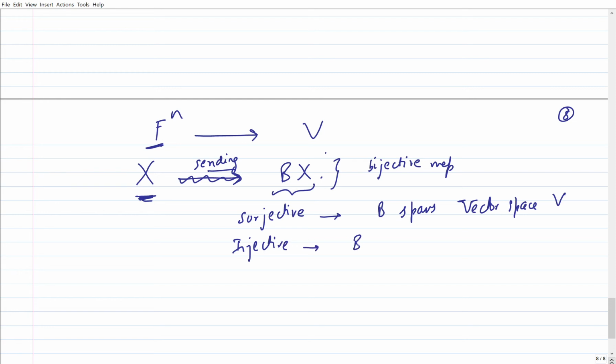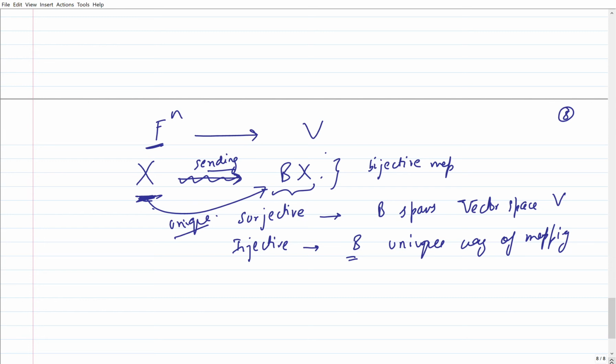That's because B, the basis, gives us a unique way of mapping each of the coordinates x into this guy. So this is unique, and each of these guys has a pre-image, so it is an onto mapping as well.